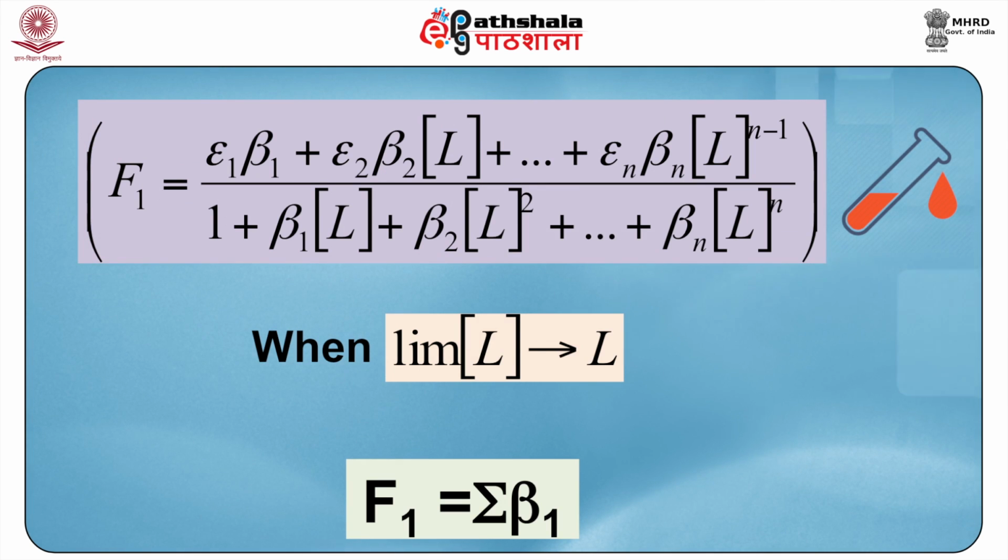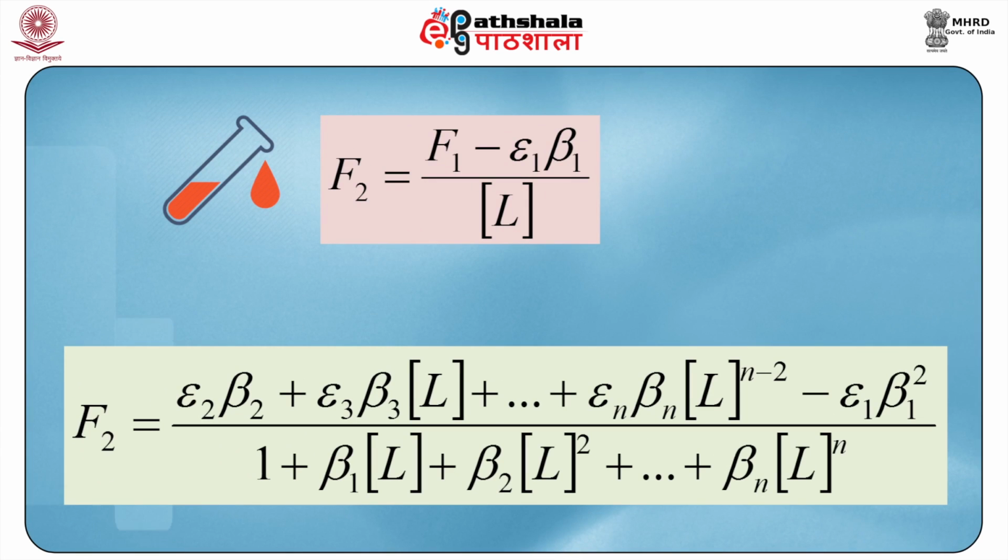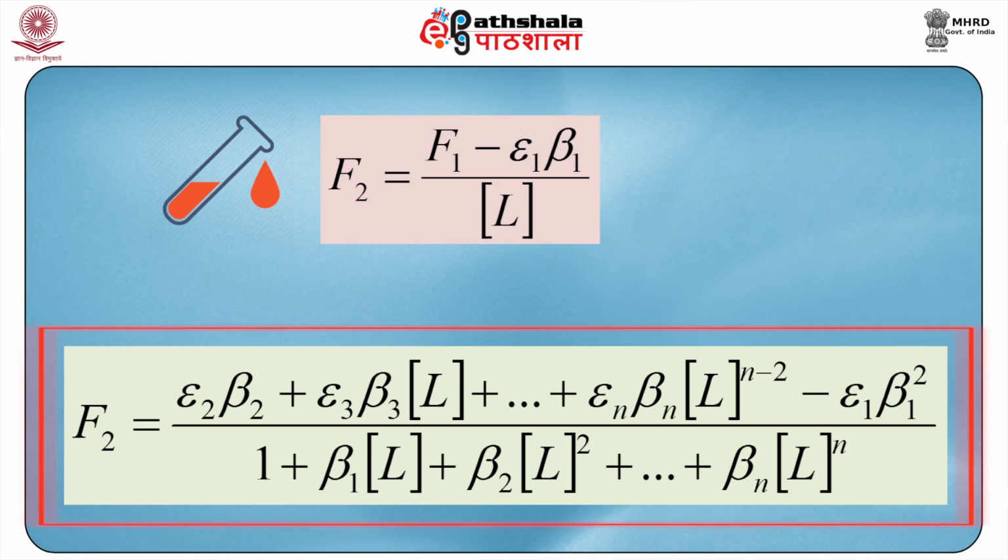Now, applying the limit as ligand concentration approaches L, f1 is equal to summation beta 1. Here we introduce another function f2, which is given as f1 minus epsilon 1 beta 1 divided by the ligand concentration. On substituting the different values of f1, beta 1 and ligand concentration, we arrive at this equation.